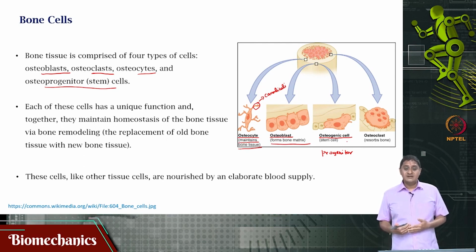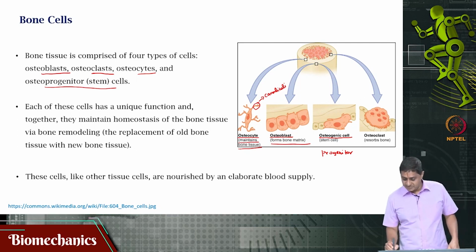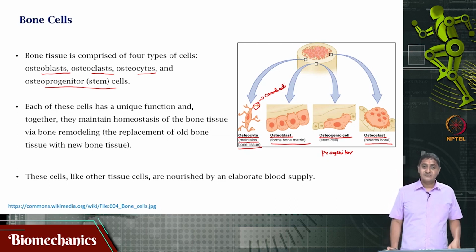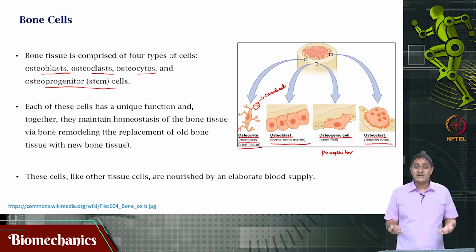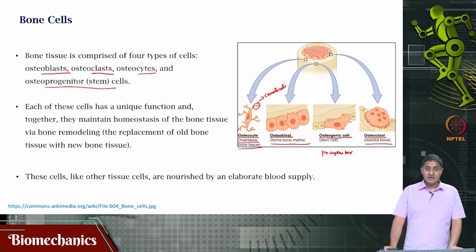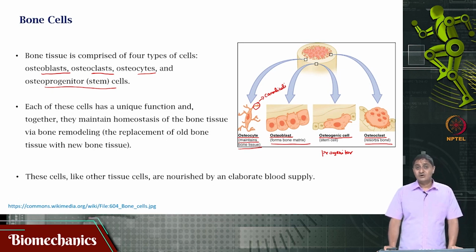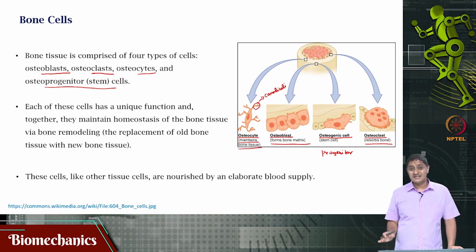Then you have a special type of cell called osteoclasts. Please remember the distinction between blasts and clasts. Blast is what spreads around, clast is what absorbs. Osteoclasts are special bone cells that originate from macrophages and monocytes, other stem cells than the osteoprogenitor cells.